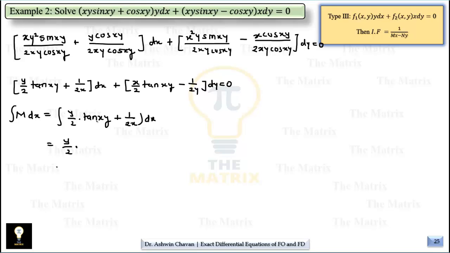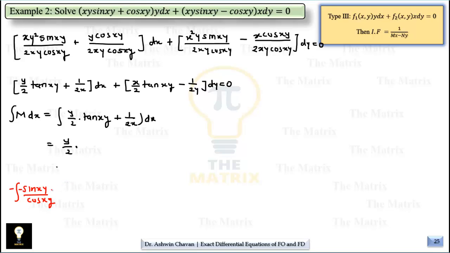So the integral of tan xy can be taken as the integral of sin xy upon cos xy. If we take it like this, then we can check the derivative of cos xy, which is the denominator, is negative of sin xy at the numerator, so we can make the minus sign available, into the derivative of xy, which is y.